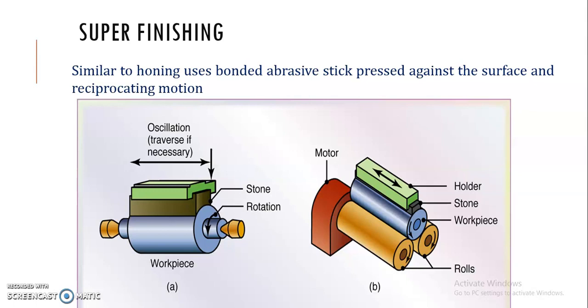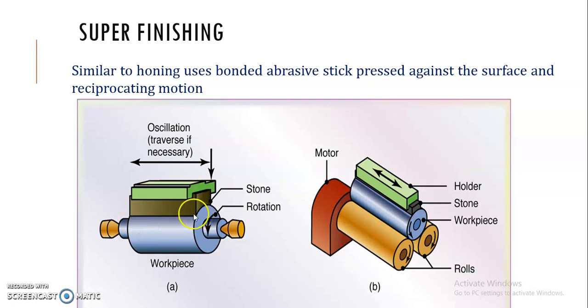Here you can observe carefully an assembly is shown. This is called the workpiece, which is located between the live center and dead center, where it is rotating with a certain speed. Above it, an image is shown where an abrasive stone is placed on the cylindrical surface.